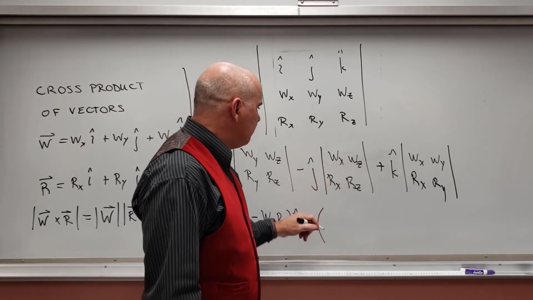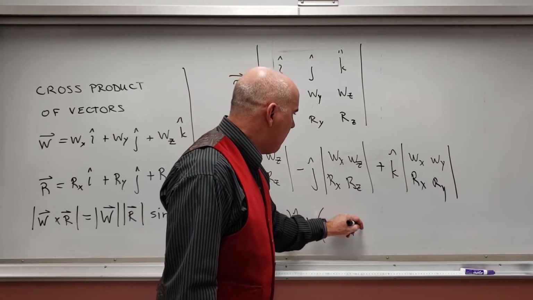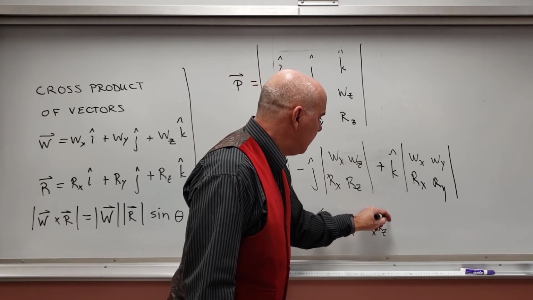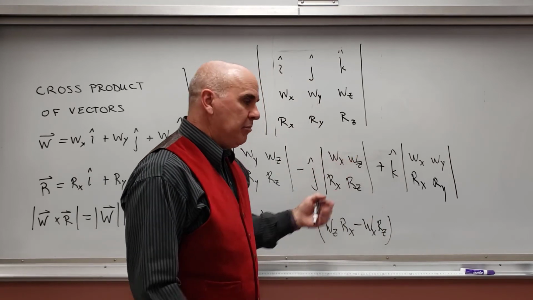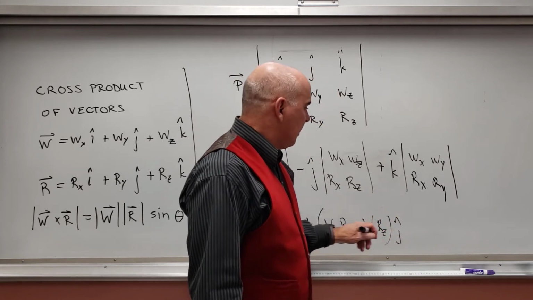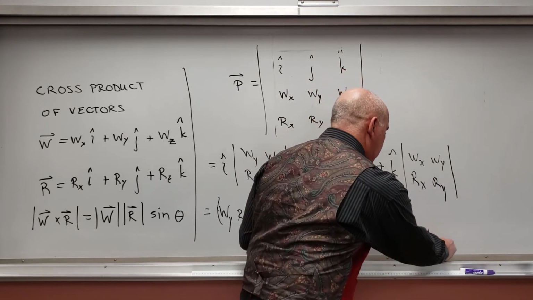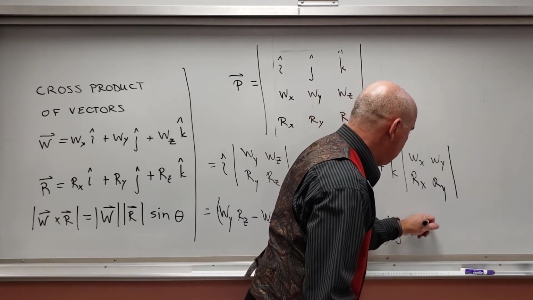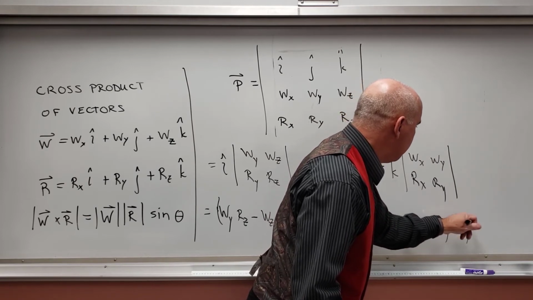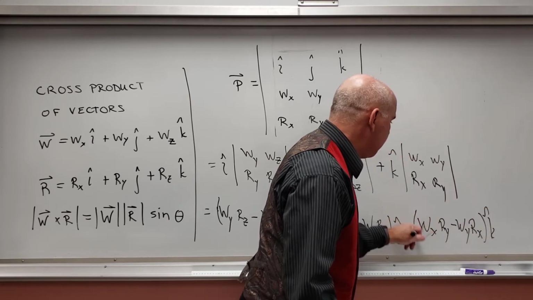And I'm going to do W_Z R_X minus W_X R_Z. All right, it should be this way, then this way, but I got this minus sign, so I do it backward. That's the J component. Finally, W_X R_Y minus W_Y R_X. And that's the K hat component.